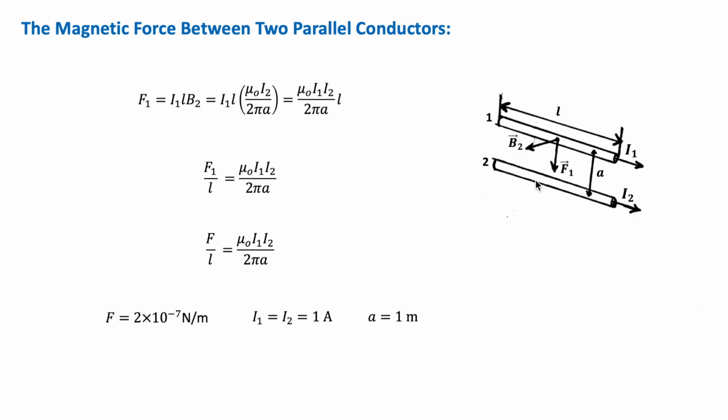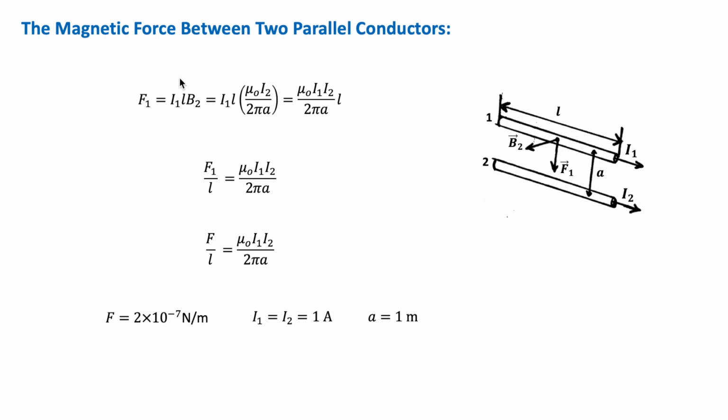So wire 2, which carries the current I2, sets up a magnetic field around it, okay? And let's consider this magnetic field to be B2 at the position of wire 1, as you can see here, okay? And you can see that B2 is perpendicular to wire 1, okay? And so the force on wire 1 due to the field of 2 is given by this equation.